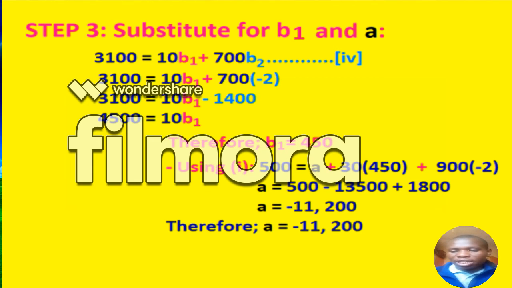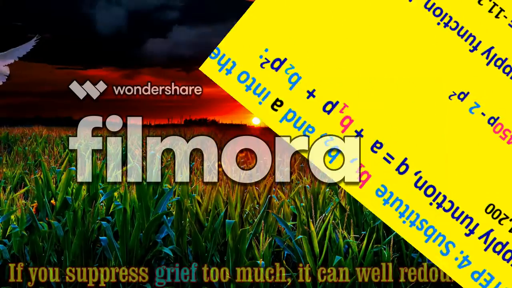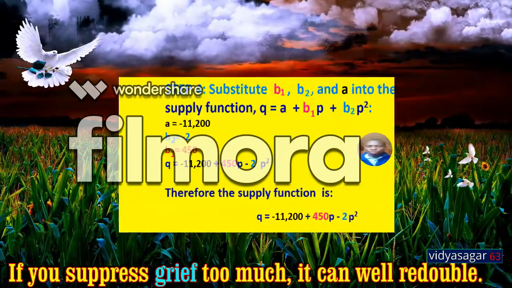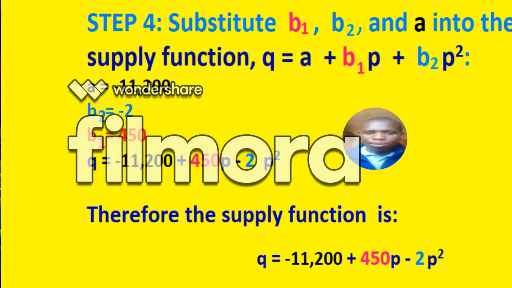Making a the subject, you end up with 500 equals a plus 13,500 minus 1,800. Therefore a will be equal to negative 11,200.